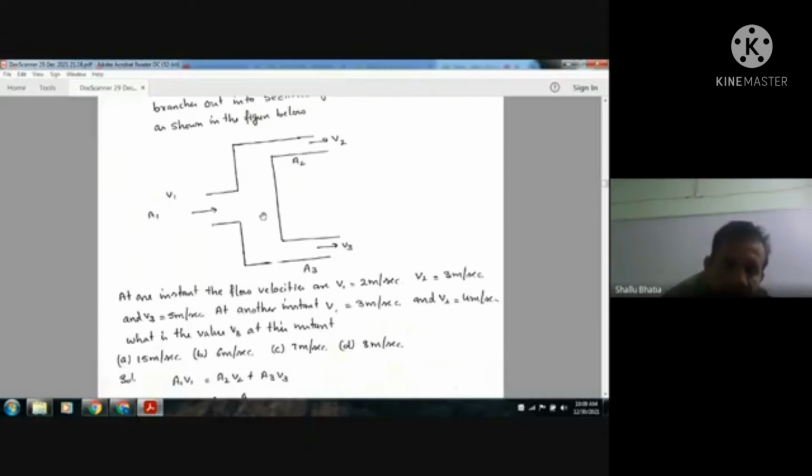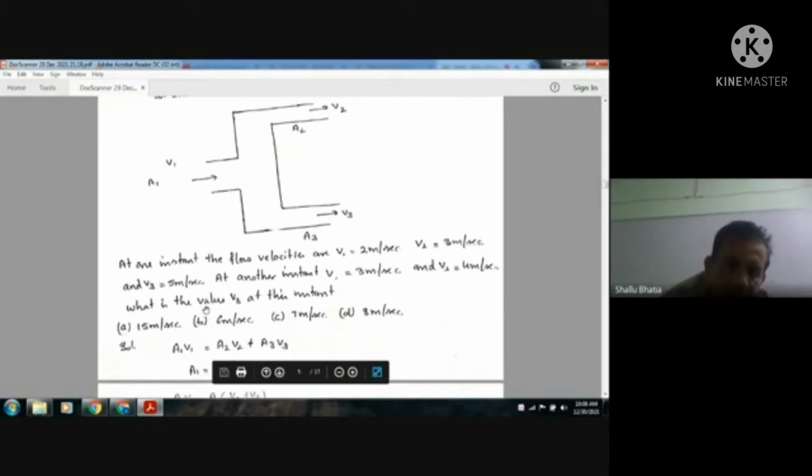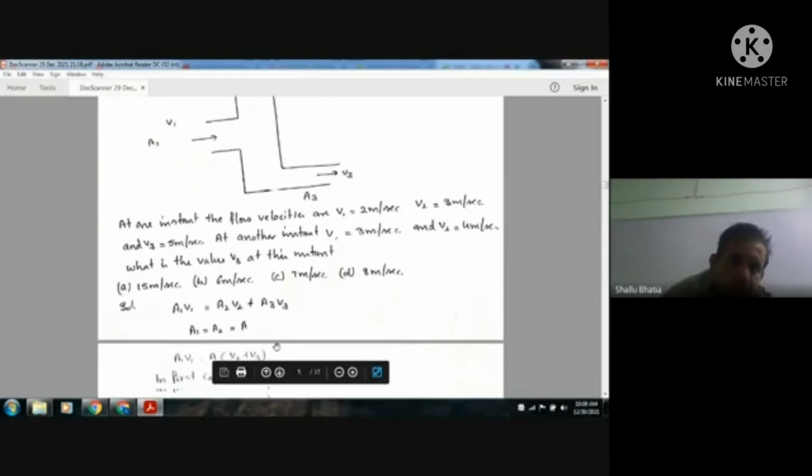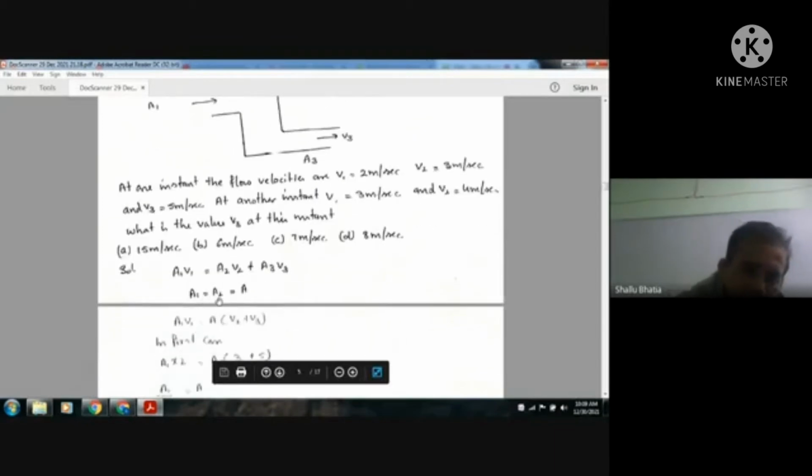Given that the areas A2 and A3 are equal. Initially V1 is 2, V2 is 3 and V3 is 5. Now applying the continuity equation, here the flow is entering. A1 V1 is the total flow in, and A2 V2 plus A3 V3 is the total out.